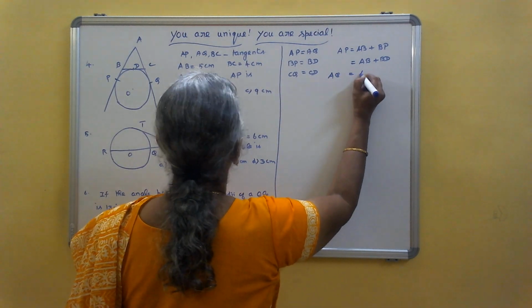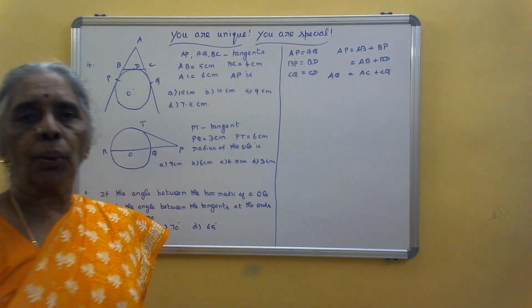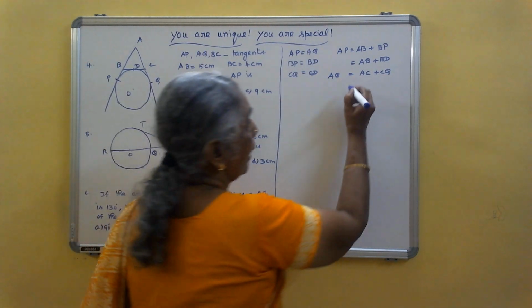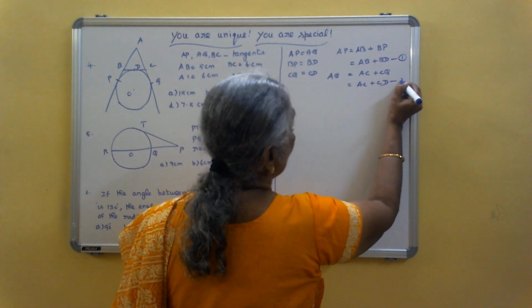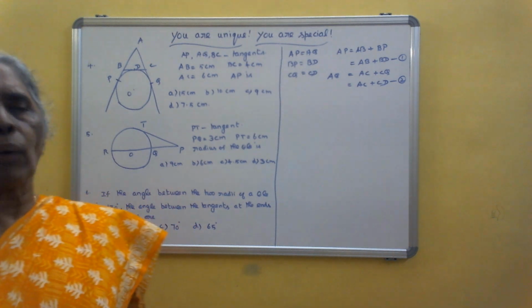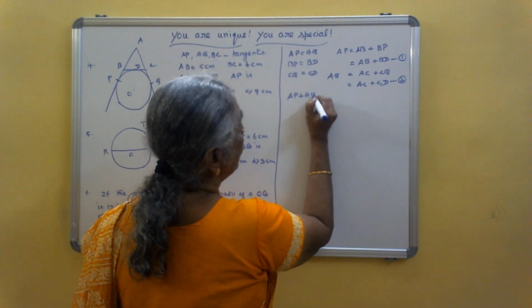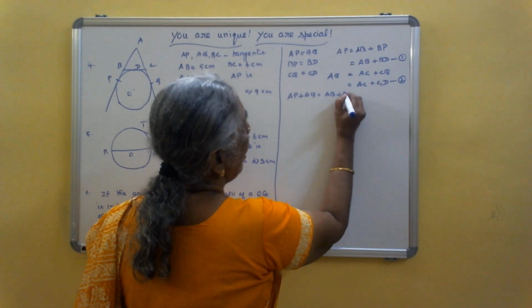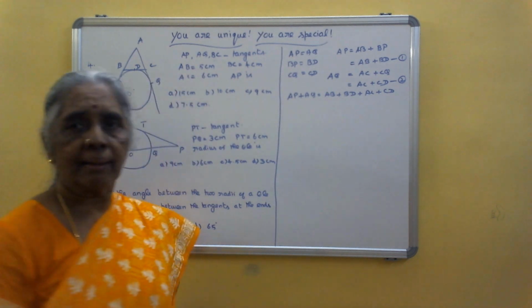From the figure, that will be AC plus CQ. CQ you know is equal to CD. You can write then AC plus CD. Call this 1, call this 2. You add now 1 and 2. You will get AP plus AQ, that will be AB plus BD plus AC plus CD, right?